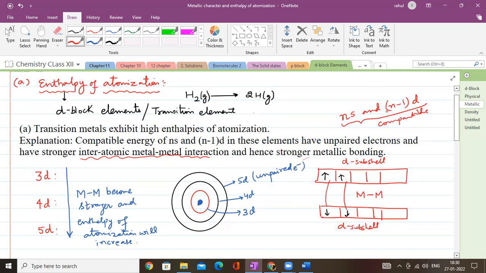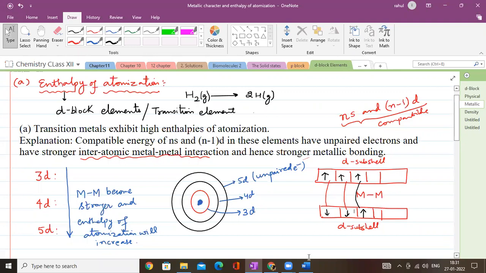When they have comparable energy, if this is the d subshell, there will be more number of unpaired electrons, and more unpaired electrons means more frequent metal-metal bonding. If there is greater metal-metal bonding, they will have stronger metallic bonding, and that's why they have a stronger enthalpy of atomization.